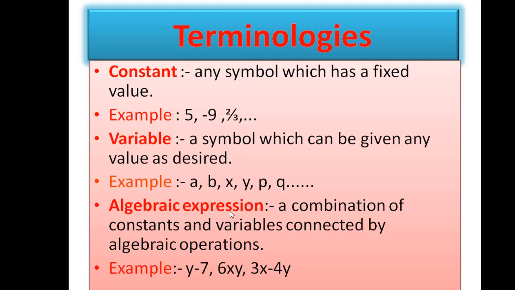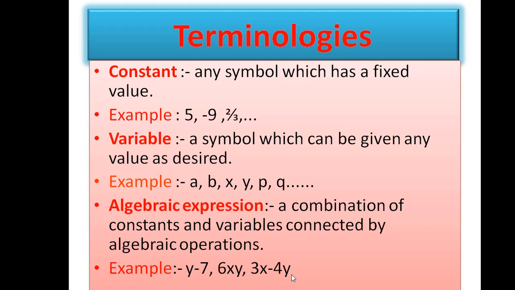Algebraic expression: a combination of constants and variables connected by algebraic operations. That is called an algebraic expression. Examples we can see here: y minus 7, 6xy, 3x minus 4y. So three examples I have given here.